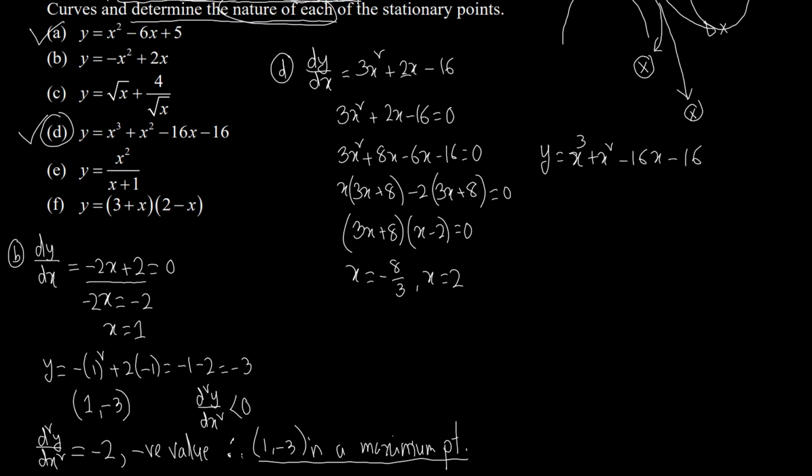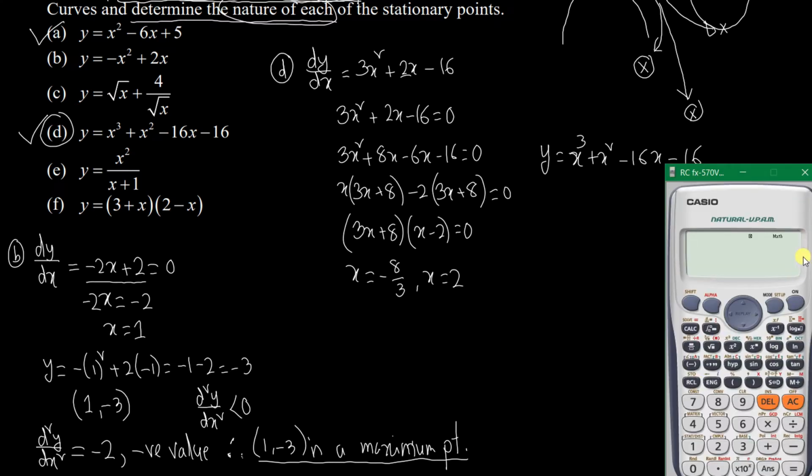For doing that, it is better to write the equation with alpha x cube, plus alpha x square, minus 16 alpha x, and the last part minus 16.